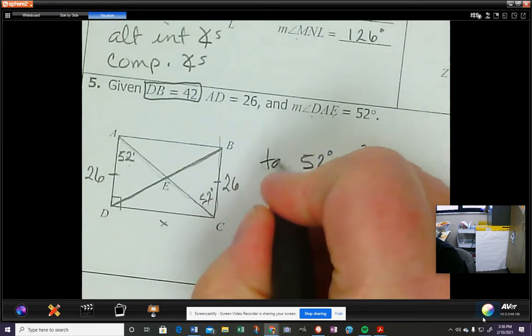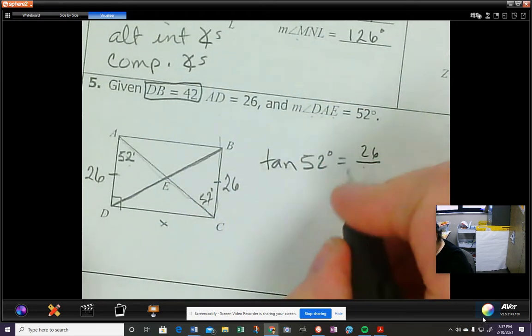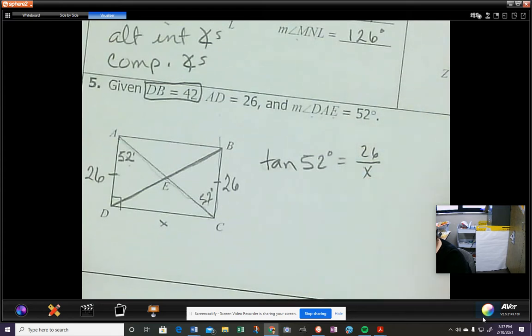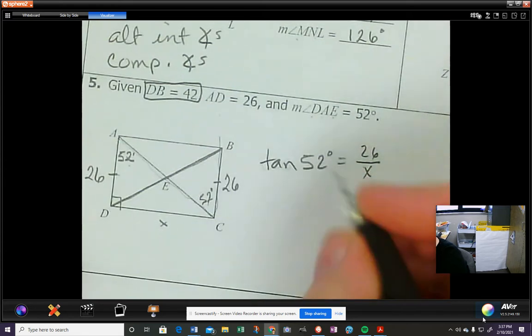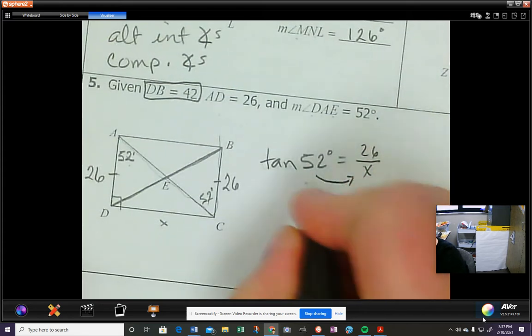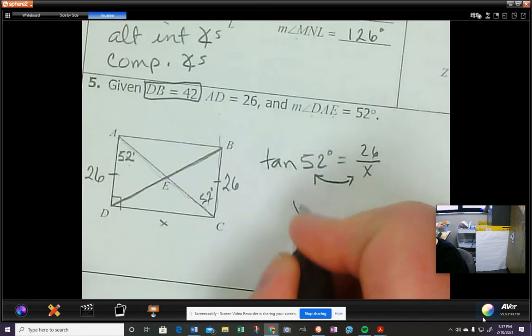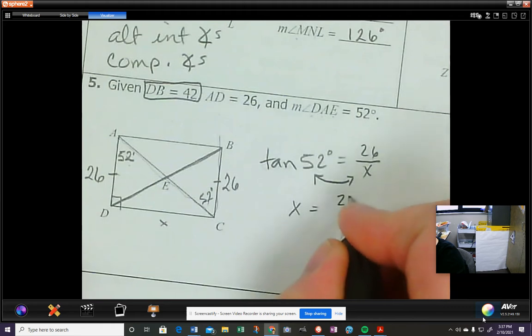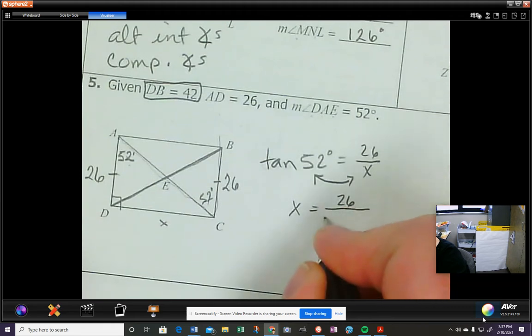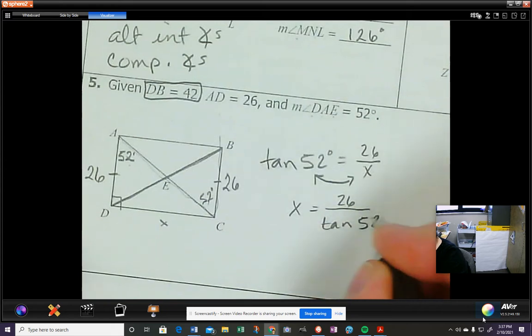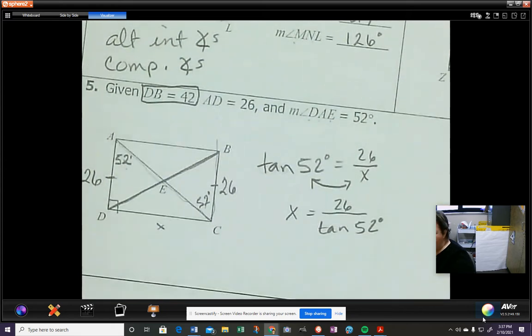Tangent of 52 is 26 over x. So that would mean you flip the x and the 26, so x equals 26 divided by tangent of 52 degrees.